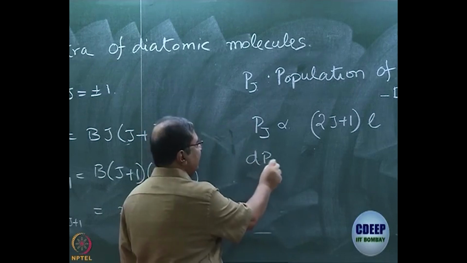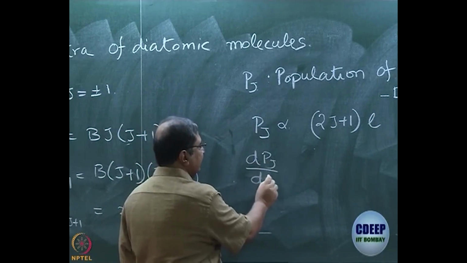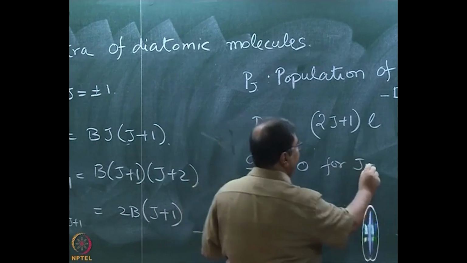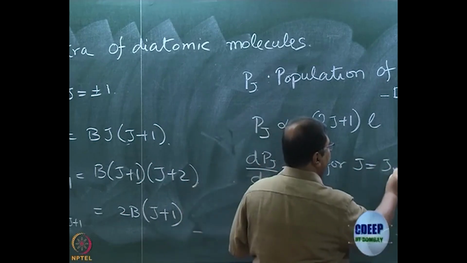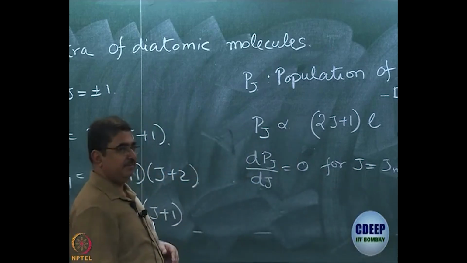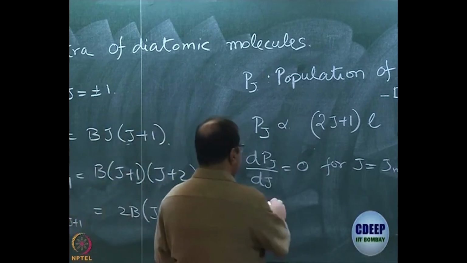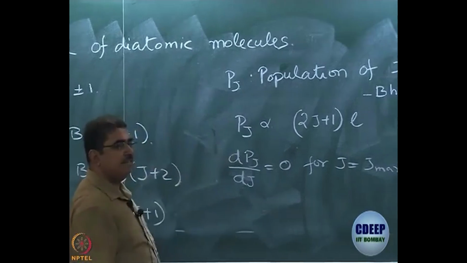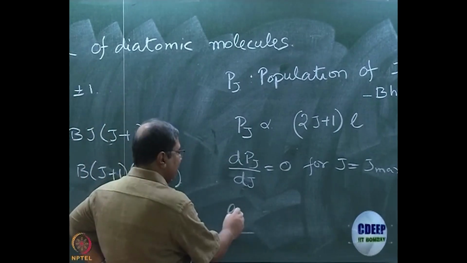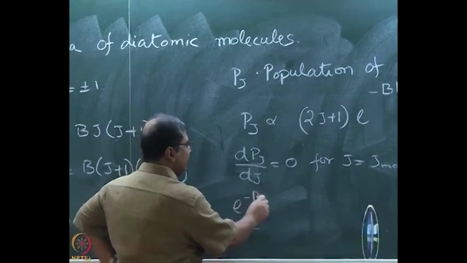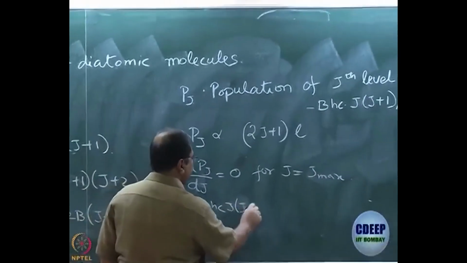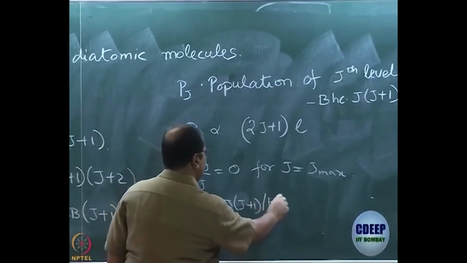So, dPJ dJ has to be equal to 0 for J equal to J max. J max means the J level with maximum population. What is dPJ dJ from there? One thing I know is that this will definitely come out, e to the power minus BHC J into J plus 1 divided by KT.